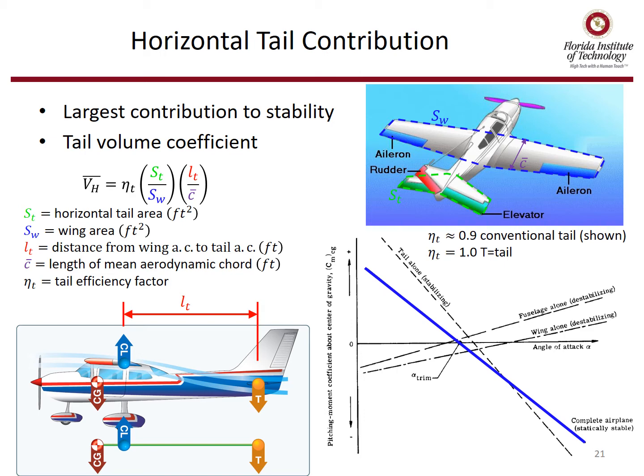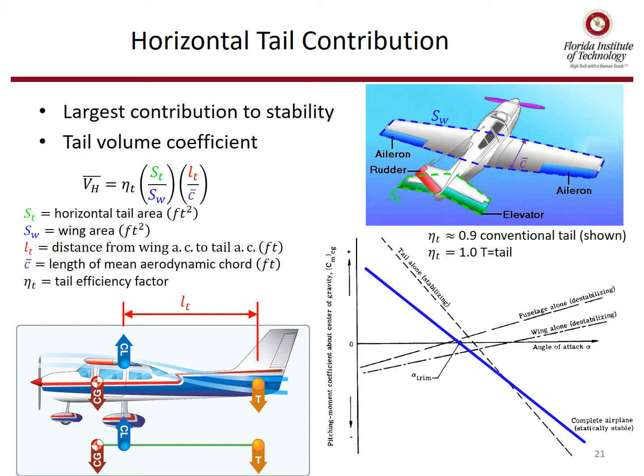And then eta sub t is kind of a tail efficiency factor, and if it's a conventional aircraft like the picture shown, we can assume it to be 0.9. But if we have a T-tail where the horizontal tail is in the smooth air, it's not impacted by downwash or other things or propeller effects. So if it's a T-tail, then we can assume that eta sub t is 1.